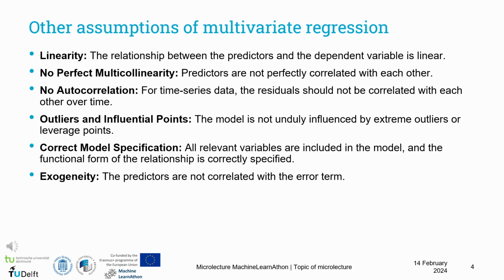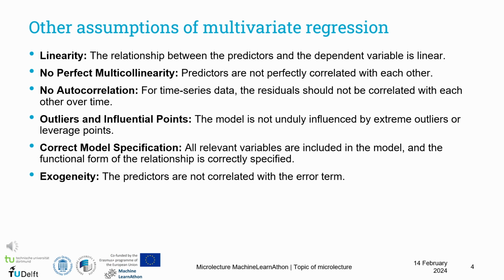For a multivariate regression model to be valid, several conditions must be met. The relationships between predictors and the dependent variable should be linear, and predictors must not be perfectly correlated with each other. In time series data, residuals should not be autocorrelated.